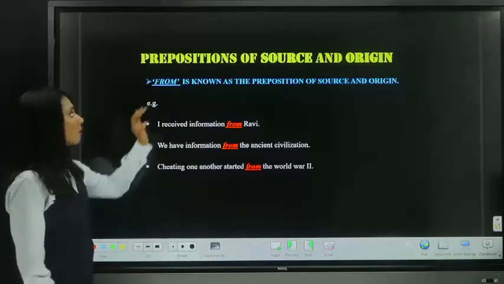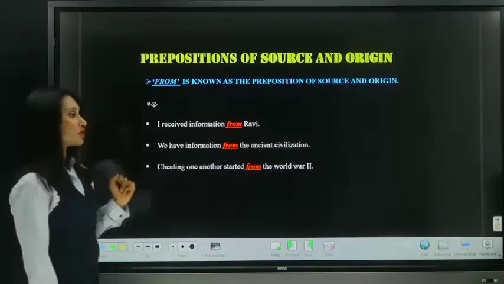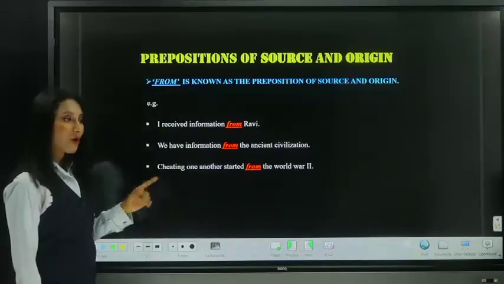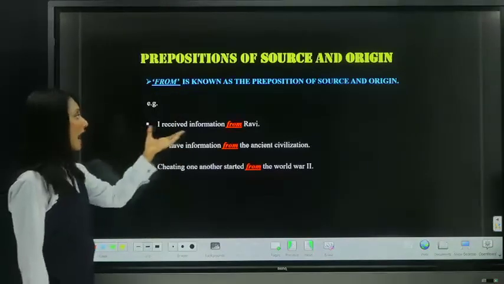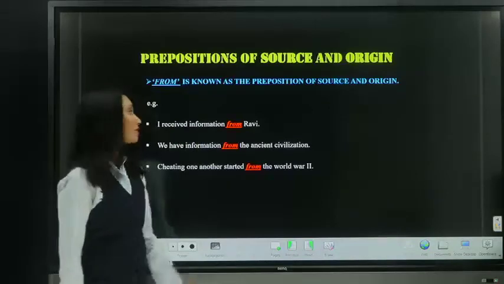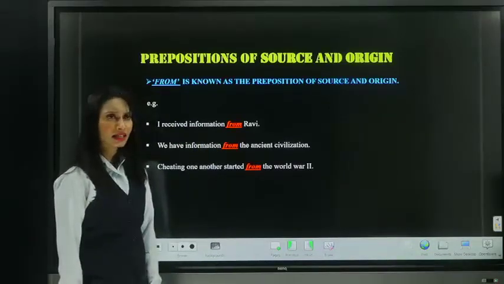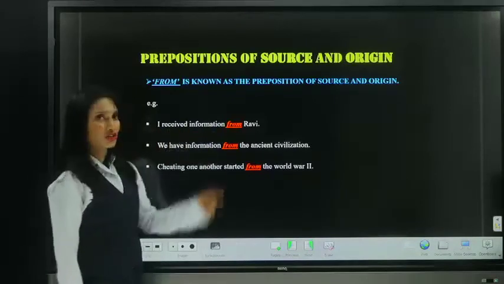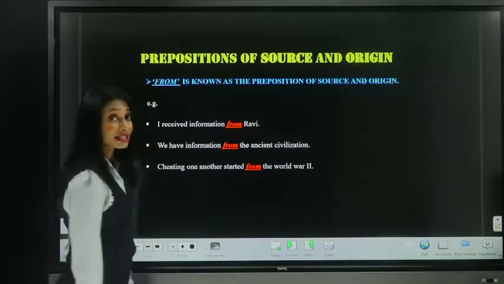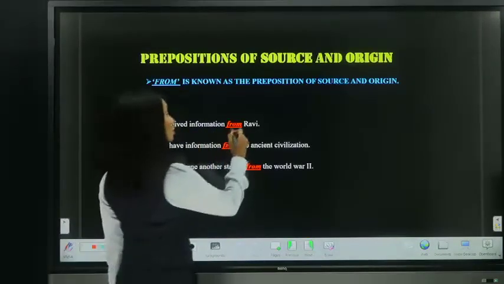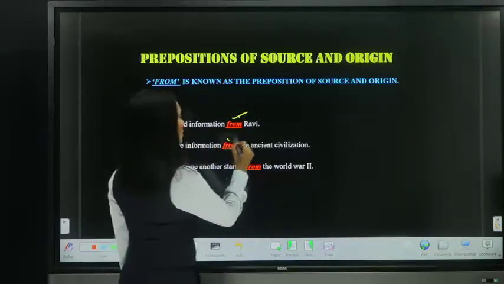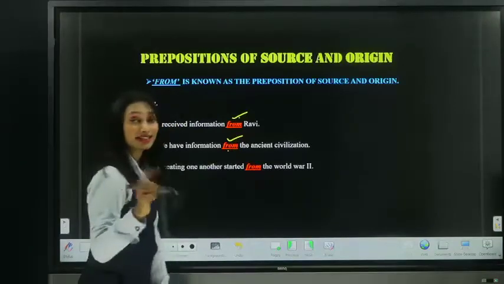Now, from is the only preposition which indicates both source as well as origin. For example, I received information from Ravi. Is Ravi my source or origin? Ravi is not the origin, he is the source of information. We have information from the ancient civilization. It is not the beginning.